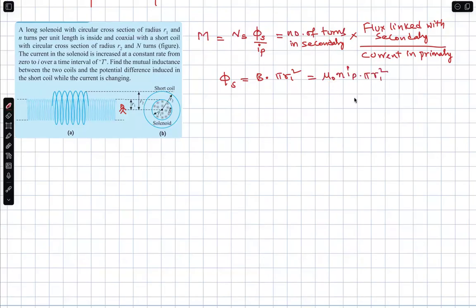Boys, do you have any doubt in this substitution? No, sir. Clearly Ns is given as N. I primary already you know. So what is mutual inductance? Ns phi s by Ip, which is nothing but mu naught n primary N pi R1 square I primary by I primary, that is, mu naught n N pi R1 square.